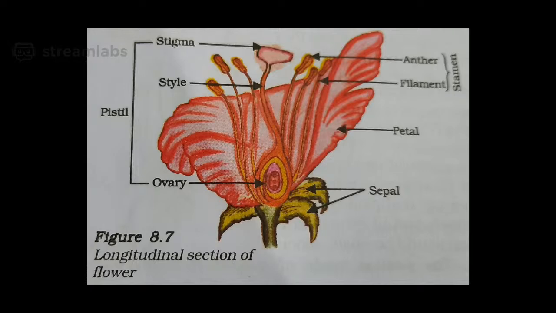Now, angiosperms divide into two types, monocots and dicots. Monocots have only one cotyledon, for example ragi, wheat, rice, etc. Dicots have two cotyledons, like all types of pulses. All the pulses we use for preparing sambar are examples of dicots.